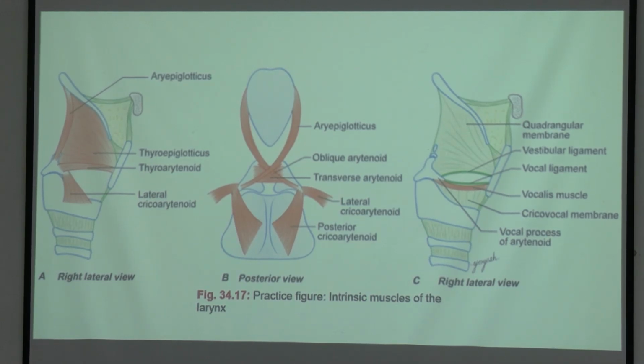So it can modulate the sound. Okay, so that is the vocalis muscle.